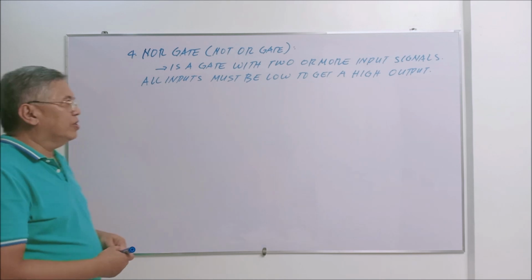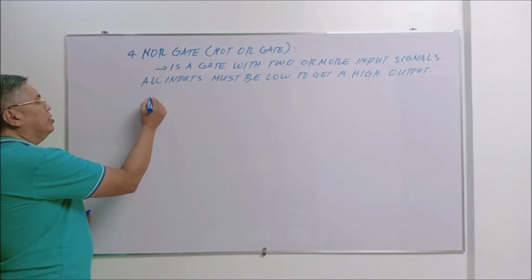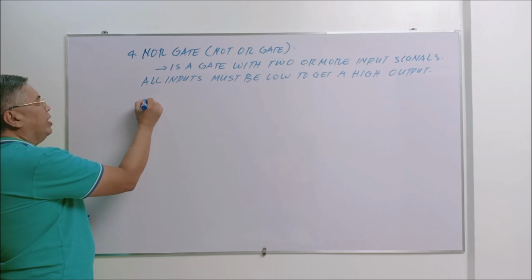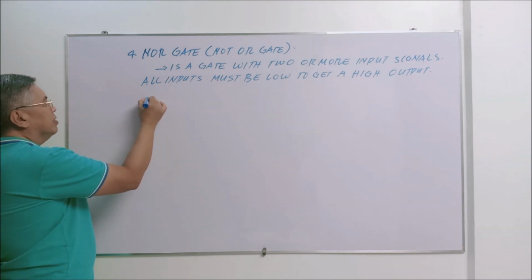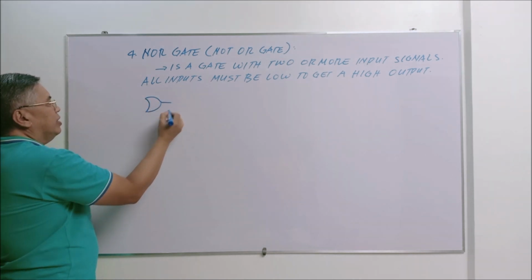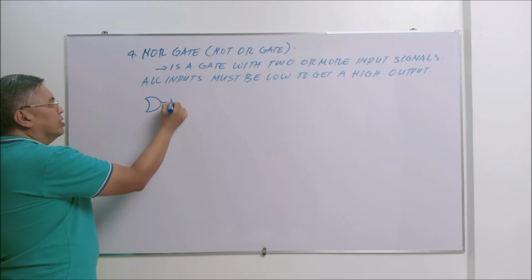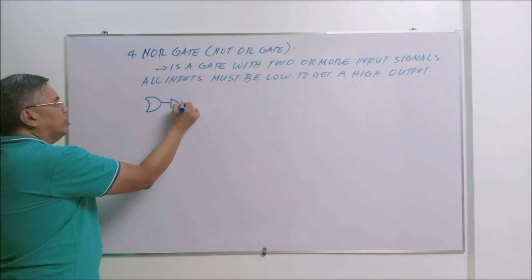So, we have here a symbol of a two-input NOR gate. We have an OR gate, and then the output of the OR gate is where your inverter is connected.